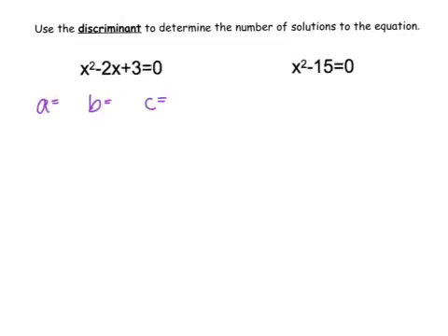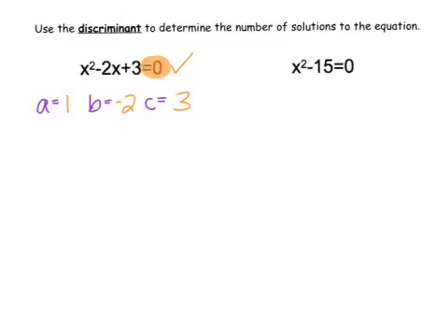And remember, we also have to check to make sure it equals 0. In this case it does, so we're good to go and pick out a, b, and c. It's ax squared, so that's a 1 in front of our x squared, plus bx. In front of our x we have a negative 2, which is our b. And our c term is the constant, so it's 3.